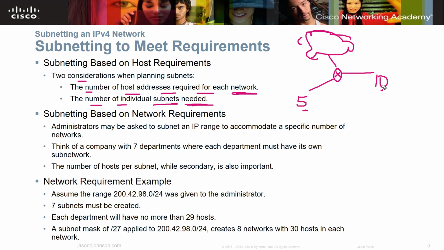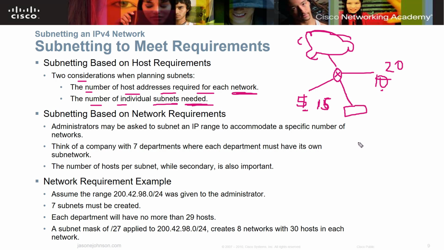But let's say the company says we're going to add another 10 here 6 months down the road, so now we're going to need 20 here. And they're going to add another 10 here, so we're going to need 15 down the road. And let's say we're going to add an accounting department in a year from now when we expand, and we want that to be separated so nobody can see it. Well, that's going to add another subnet that you're going to have to plan for.